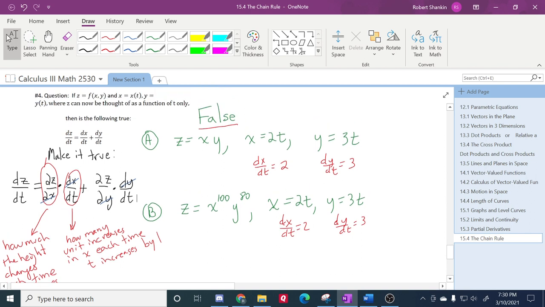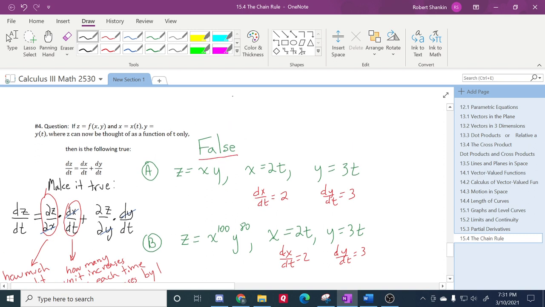Now, let's go back and let's finish these problems in A and in B. Now we can actually do it. According to this, dz dt can be computed. It's going to be partial of z with respect to x.